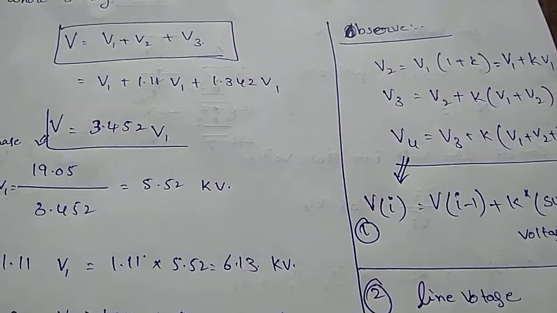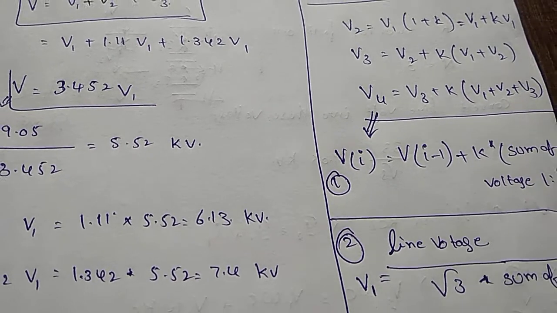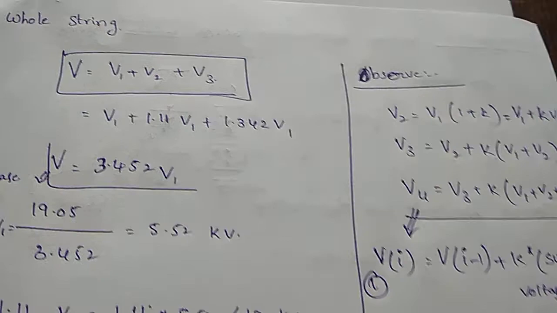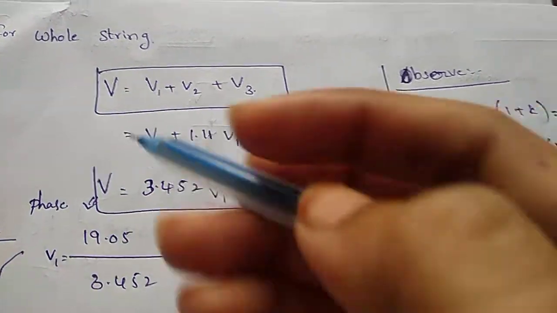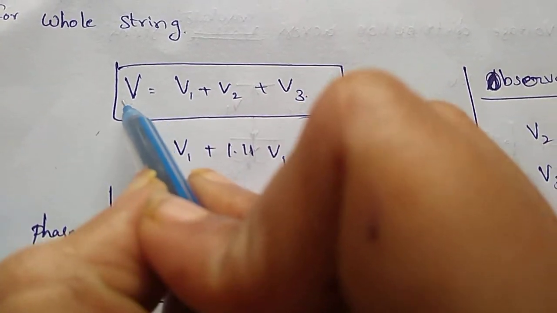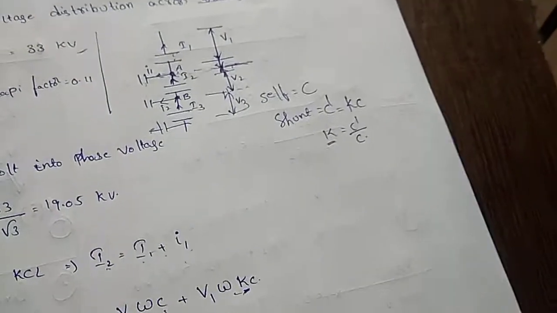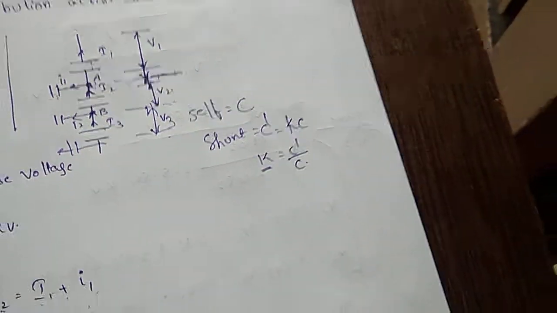Up to here we have calculated all the disc voltages in terms of V1. Now I am calculating the entire voltage. In the given problem, the total line voltage V is nothing but V1 plus V2 plus V3.